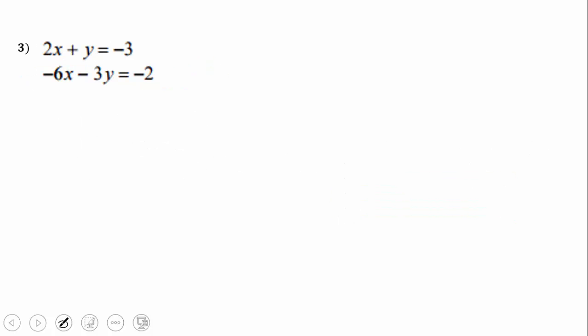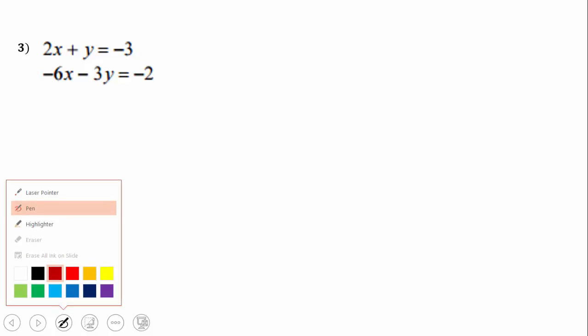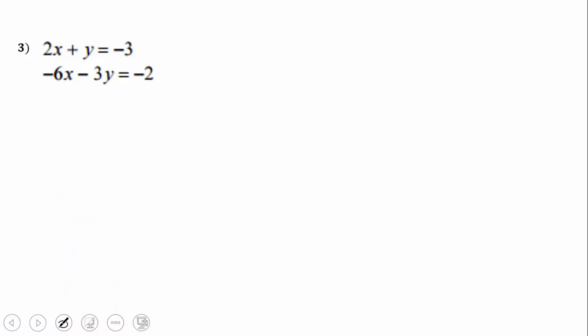Going to our last example of this video. 2x plus y equals negative 3, and negative 6x minus 3y equals negative 2. In this particular case, I'm actually going to use elimination to solve this one. I'm going to multiply this first equation by a positive 3. And 3 times 2x, that's 6x.